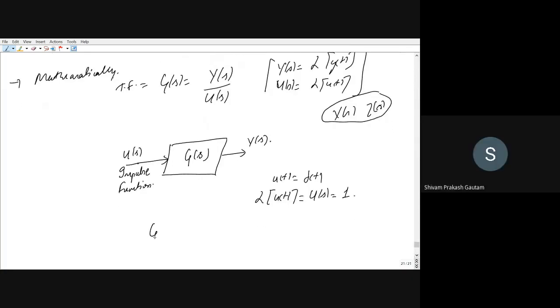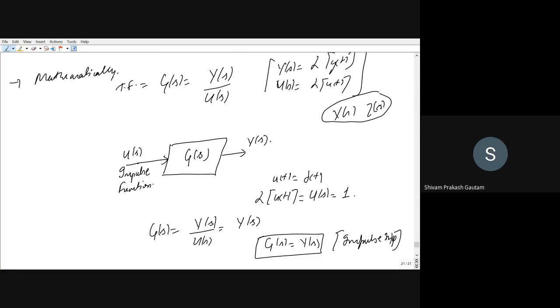Okay, so if I want to calculate the transfer function, it is Y of S upon U of S, and since U of S is equal to 1, we can call it Y of S. So G of S is equal to Y of S. That is, the transfer function is equal to the Laplace transform of output for impulse input.